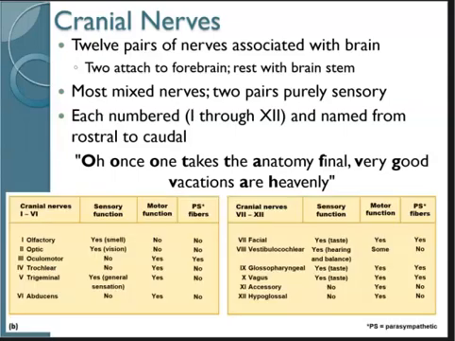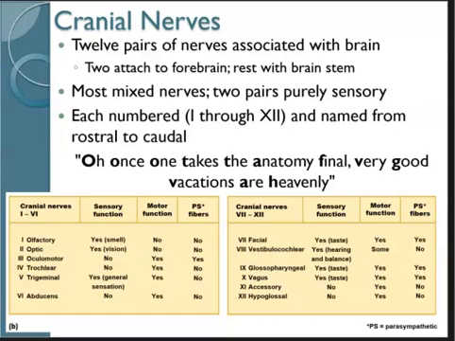So cranial nerve 1 is olfactory, cranial nerve 2 is optic, cranial nerve 3 is oculomotor, cranial nerve 4 is trochlear, cranial nerve 5 is trigeminal, 6 abducens, 7 facial, 8 vestibulocochlear, 9 glossopharyngeal, 10 vagus, 11 accessory, and hypoglossal is 12.